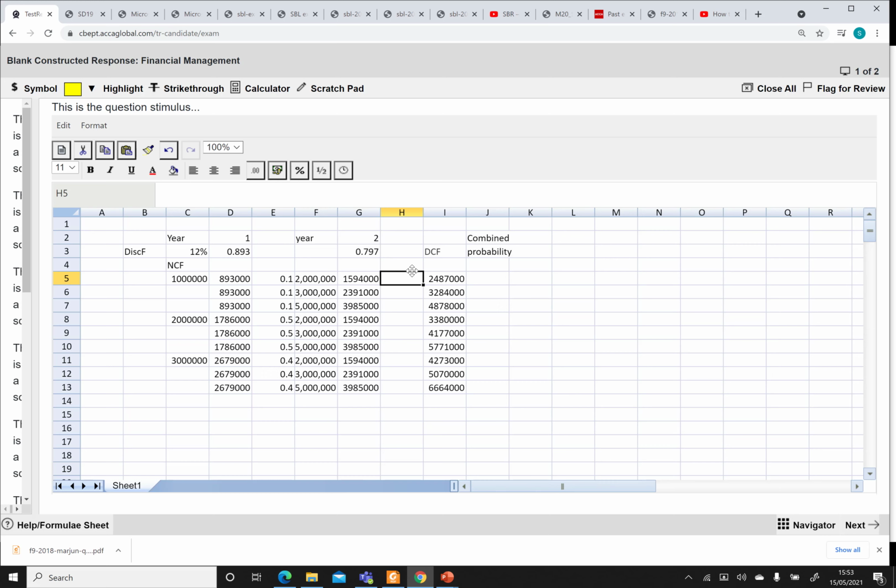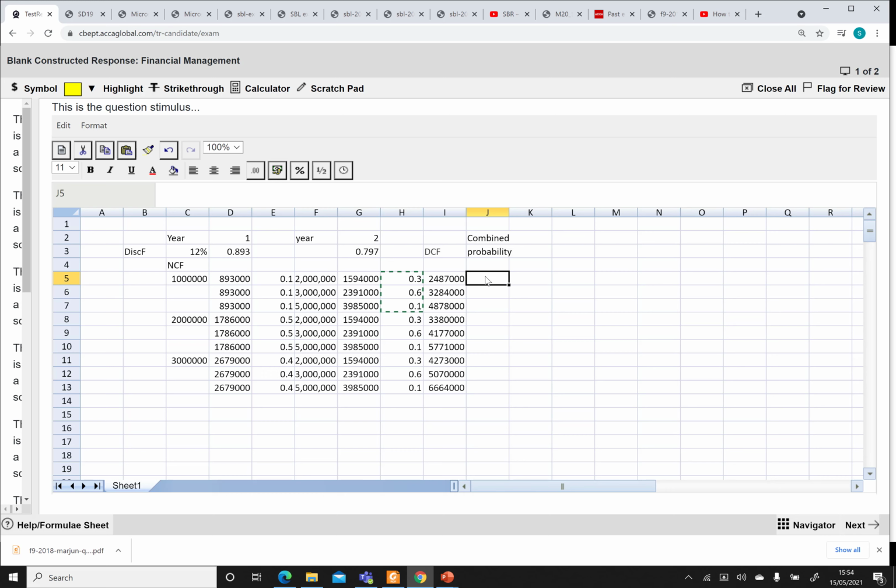So the chances of 2 million was 0.3, and the chances of 3 million is 0.6, and the chances of 5 million is 0.1. Now we were quite lucky last time, we were able to drag this down. We are having to rely on copy and paste this time.